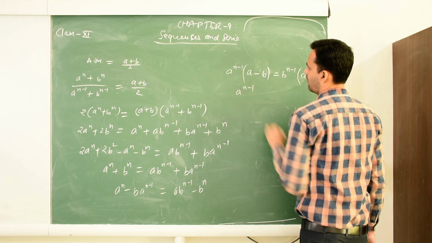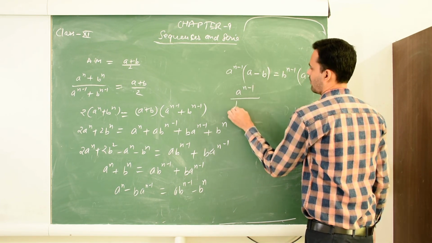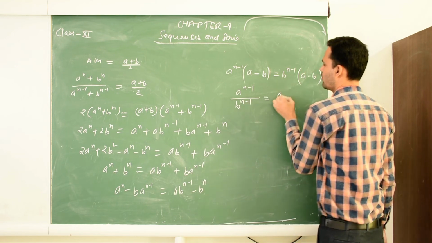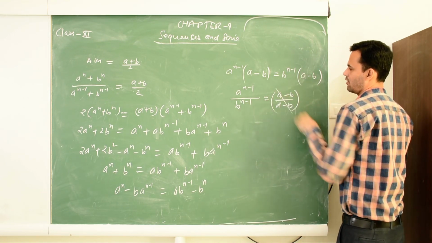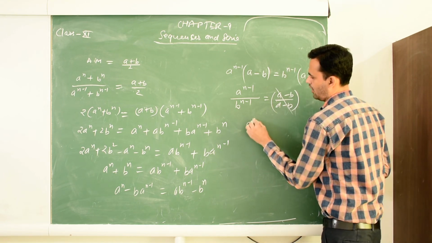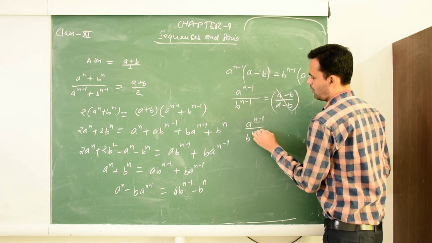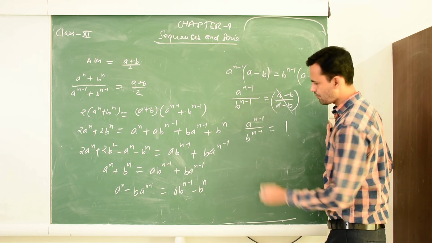So a to the power n minus 1 upon b to the power n minus 1 equals (a minus b) upon (a minus b); a minus b cancels. So a to the power n minus 1 upon b to the power n minus 1 equals 1.